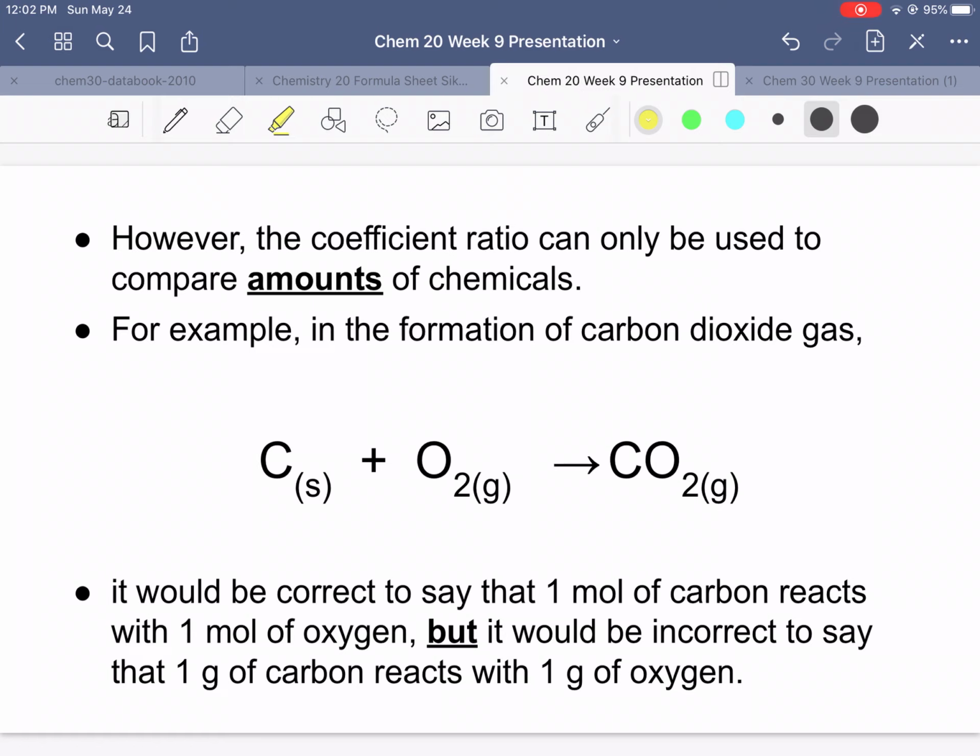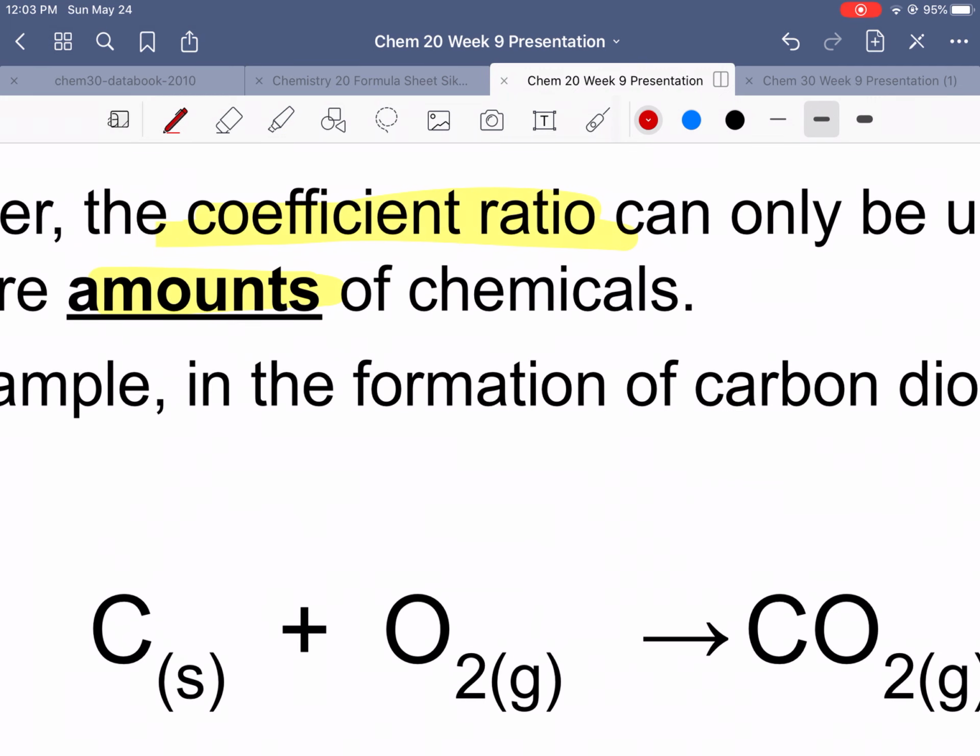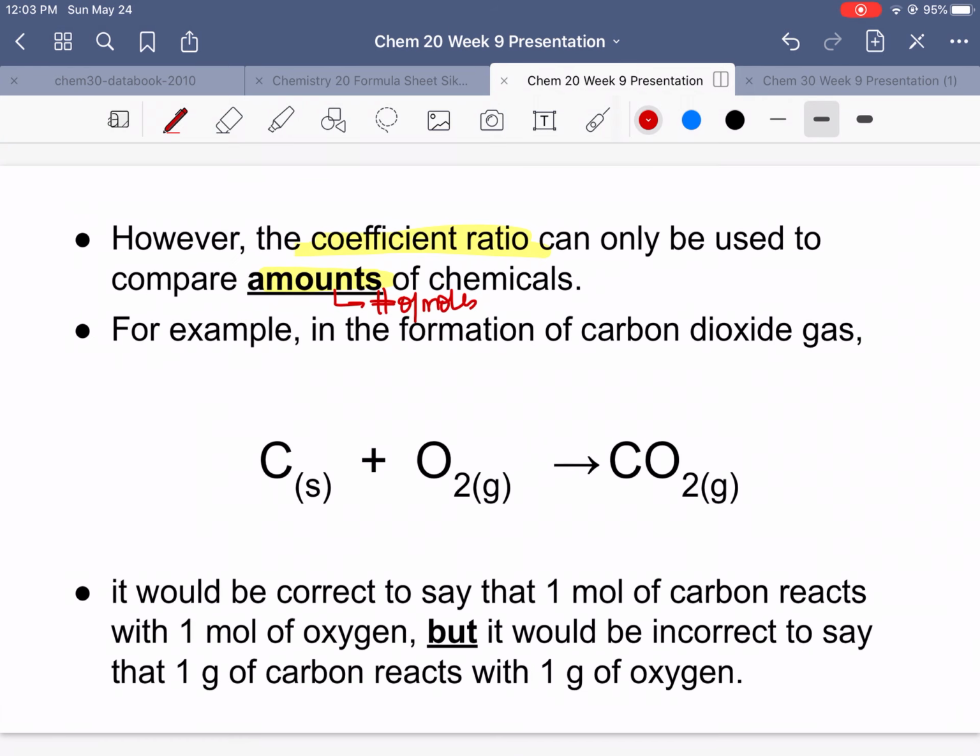Okay, well, let's start to go through a process. Now, coefficient ratio, like I said, notice I'm harping on this, hence it's important, compares amounts. In other words, number of moles, all right? So if that's what our coefficients do, then if we look at this example right below here, the formation of carbon dioxide gas, it's balanced, no problem.